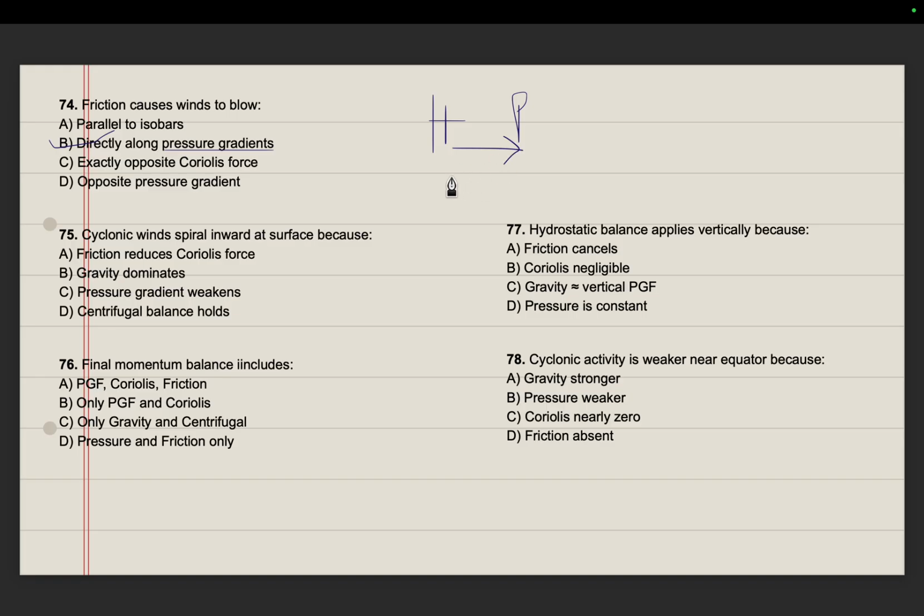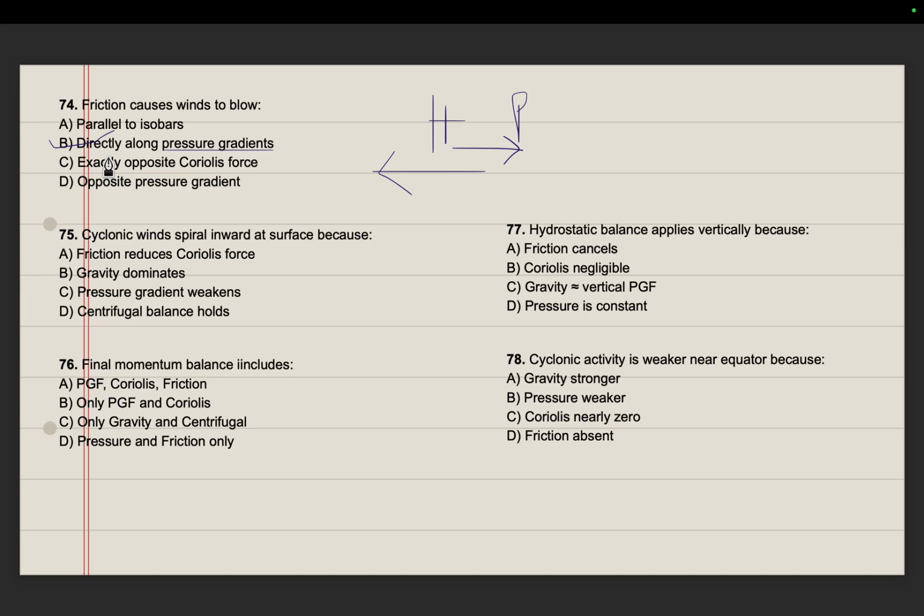If friction would act opposite to it. So the pressure gradient is opposite to the Coriolis force. I guess option B is correct. Just move to the next question. I will try to confirm.